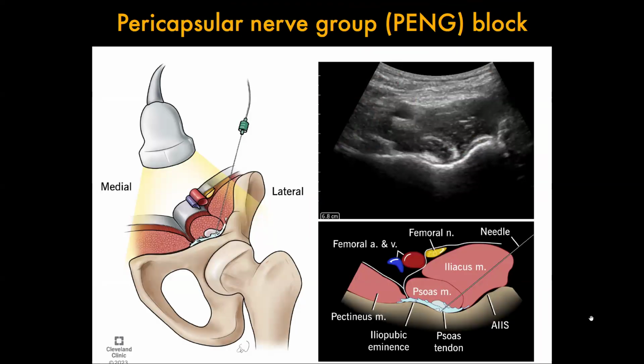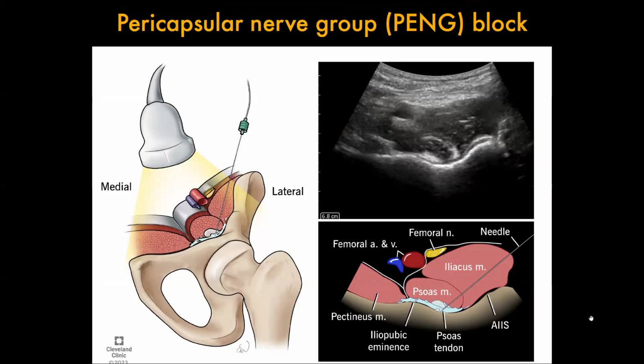All right, on the upper right is an ultrasound view. The hyperechoic line of bone is the ilium. You have the iliopubic eminence and the anterior inferior iliac spine. And laying on the ilium is the psoas tendon. So our needle is going to come in. Now remember, right here is the femoral nerve and artery. And there are cases of femoral nerve damage from PENG blocks because people are not looking.